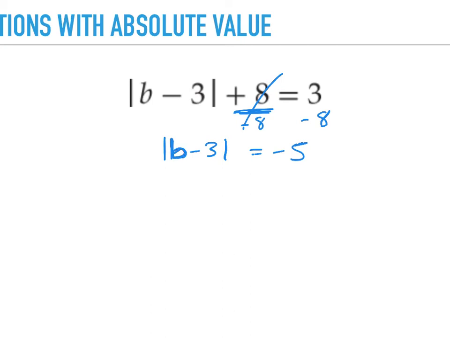Before we do that, how do we get rid of our absolute value signs? What do we need to do? You make them split. So we have b minus 3 is equal to negative 5, and b minus 3 is equal to positive 5.